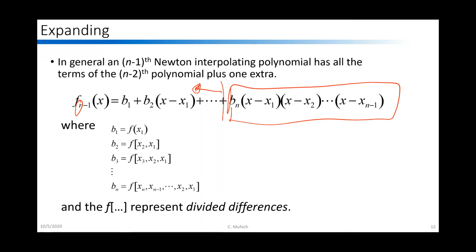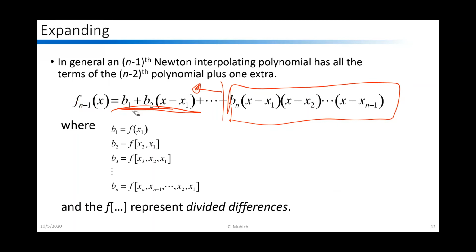This makes adding an additional term or an additional piece of data relatively easy because I don't have to get rid of any of my data points. If I add one extra data point, I want to increase the degree of my interpolation, I can do that without changing my previous results.